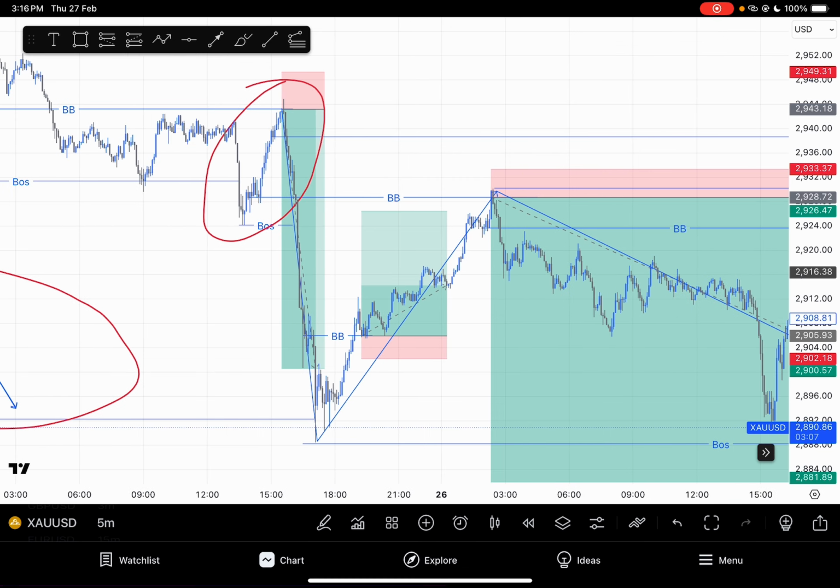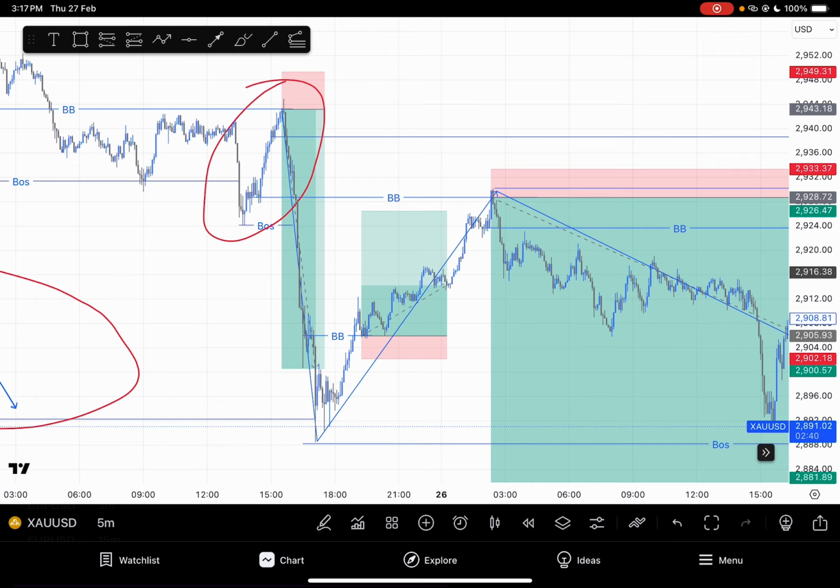But in cases where there's no order block and there's just a breaker block, you will see price use only the breaker block, then continue creating multiple breaks of structure. But in cases where there is an order block and a breaker block in one particular side, price will first use the breaker block, take out liquidity, then go back again to use the order block. While in cases where there's no breaker block, price will just use only the order block.